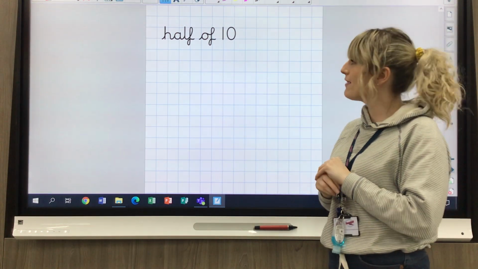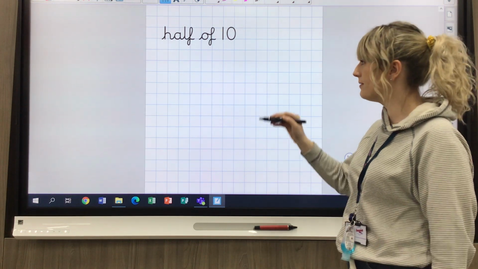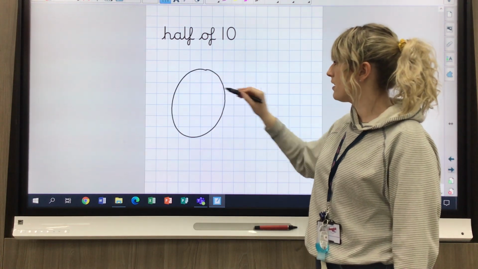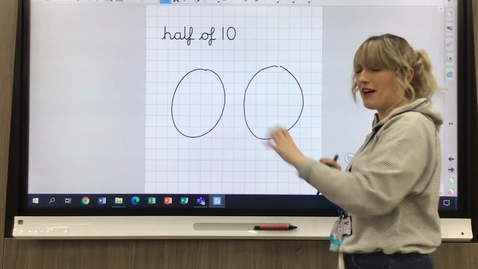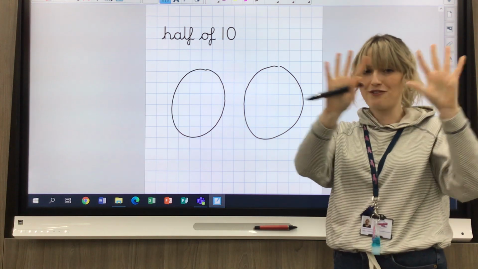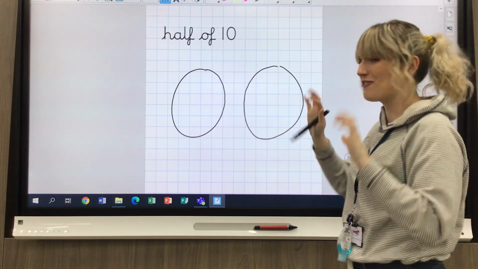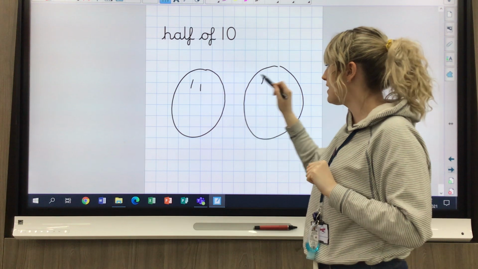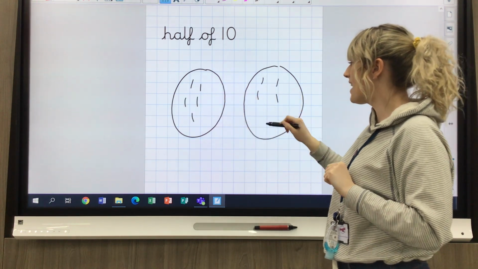Okay, this time I've got half of 10. If I'm halving something, I'm splitting it into 2 equal groups. There's one half, there's the other half. There are my 2 equal groups. I'm sure you know the answer of half of 10 already. Split your hands into 2, your fingers. So half of 10: 1, 2, 3, 4, 5, 6, 7, 8, 9, 10.